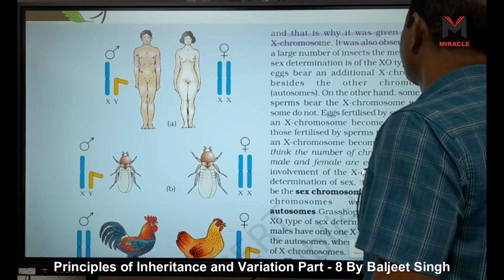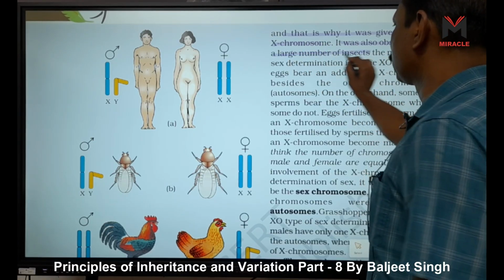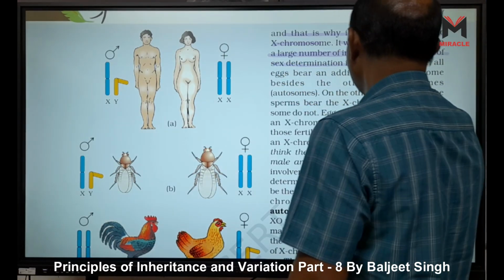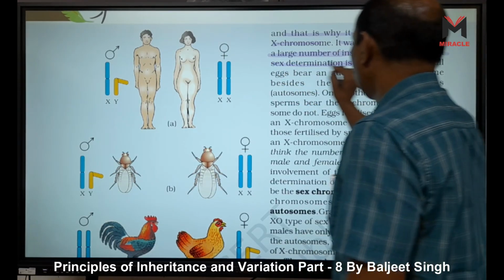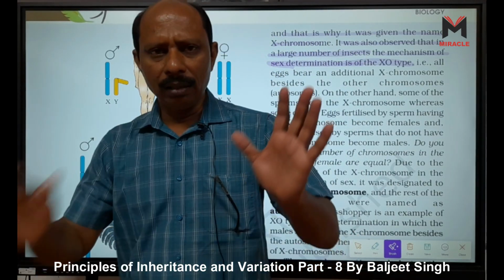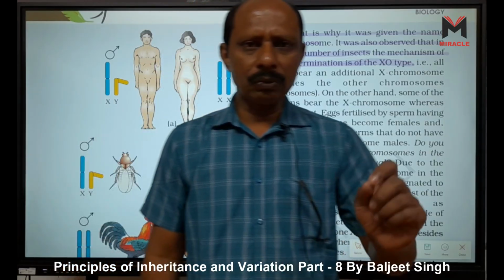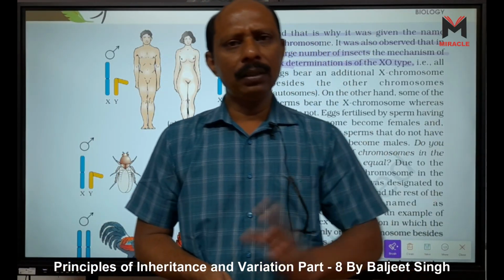It was also observed that in a large number of insects, the mechanism of sex determination is of the XO type. XO type means the number of chromosomes is not equal in male and female; the female has one more chromosome compared with the male, right?